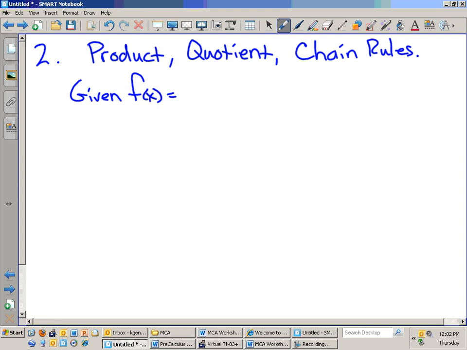This should be very familiar. My guess is this is going to come back to you right away. Given f of x is equal to 2x plus 1 over x minus 1, find f prime of x.